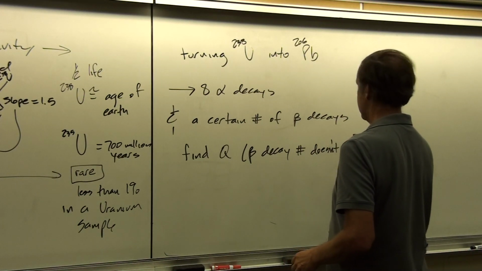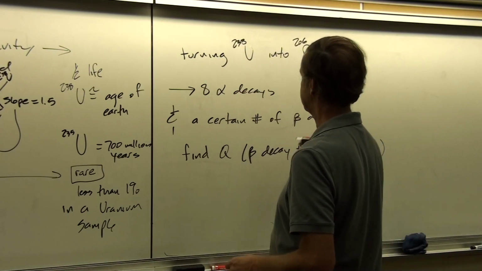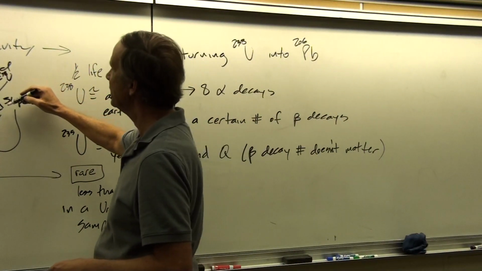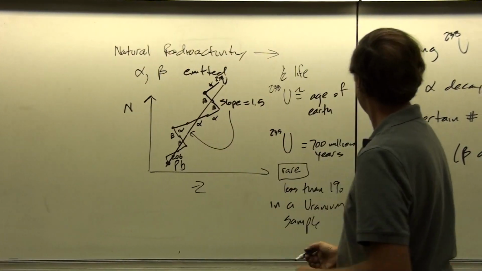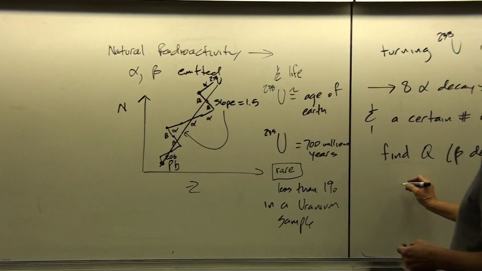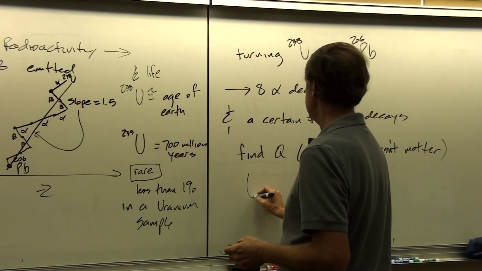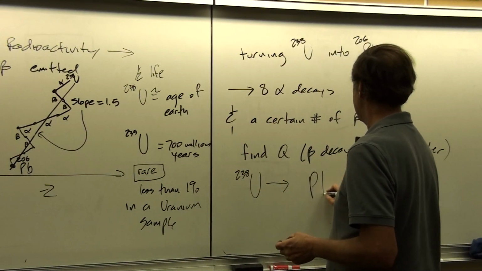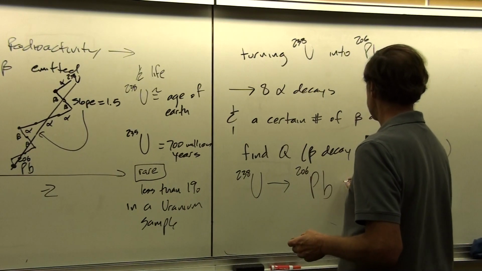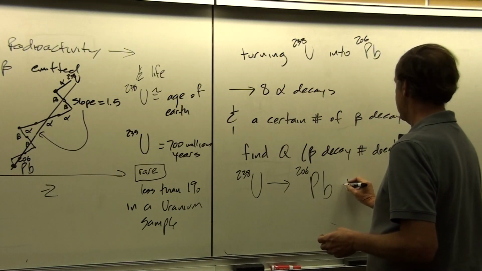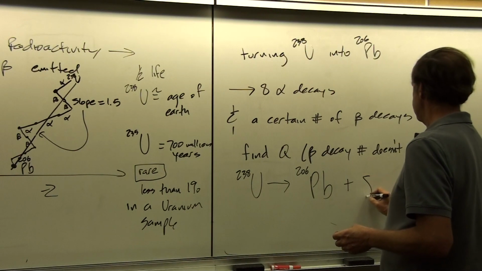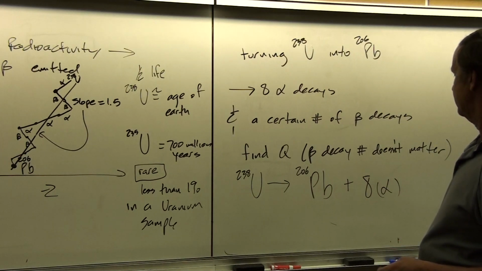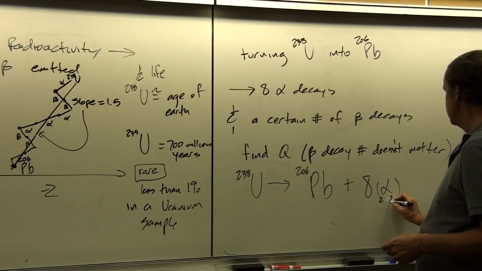But we do have to account for the alpha masses. And so if you take all of the different alpha-beta decay reactions and add them together, what you end up with is U-238 goes to lead-206 plus 8 alpha. Okay? Where the alpha is going to be 2, 2, 4.